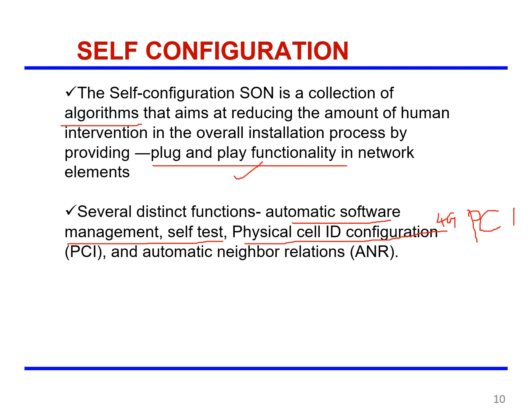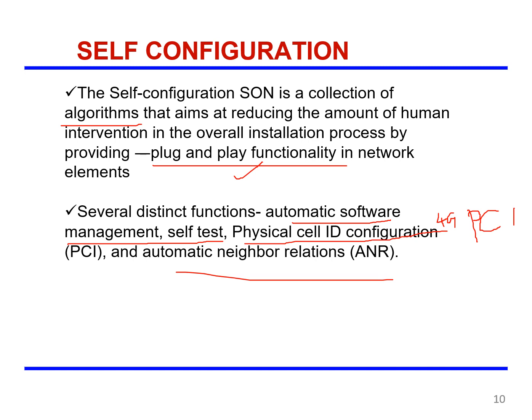Of course, PCI planning is not as difficult as RF planning in GSM and 2G. But these physical cell identifiers will be automatically configured by the SON network. And also the neighbors, ANR, automatic neighbor relations.